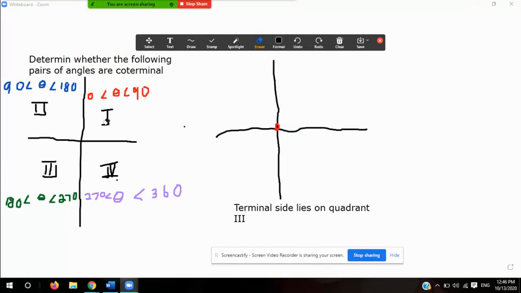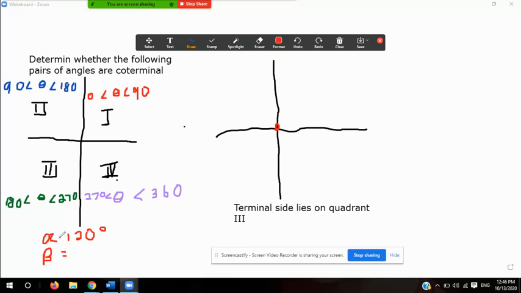Okay. So the angles that are given to us in this exercise are two angles, alpha and beta. Alpha is 120 degrees, and beta is negative 180. Now I want to know if they are coterminal.